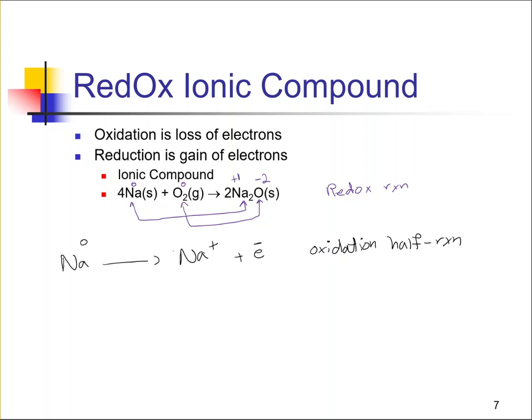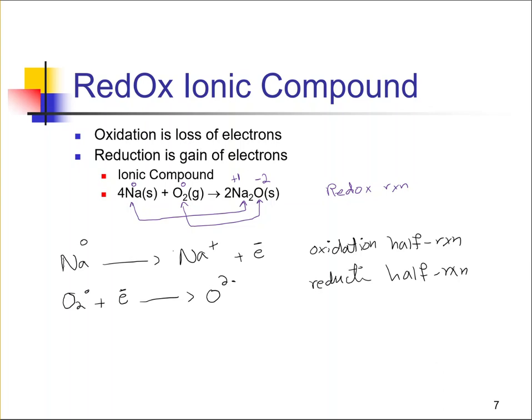Now, whenever there is an oxidation half reaction, there has to be a reduction half reaction too. We're losing electrons, and these electrons need to be gained by another element. If you look here, oxygen from 0 is going to oxygen -2. So going from 0 to -2, it means that oxygen has gained electrons. Gaining electrons is called the reduction half reaction.